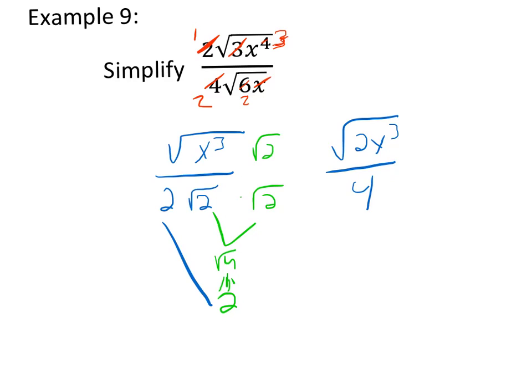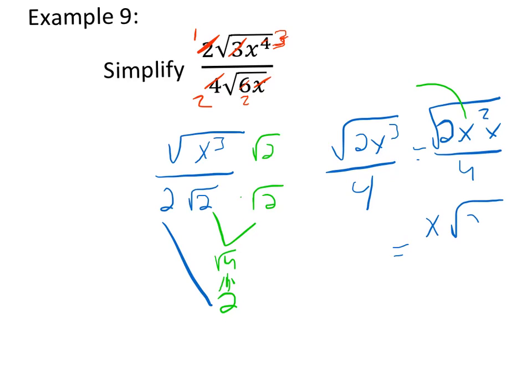Now there's one thing left to do. This is equal to 2x squared x over 4. And we've said before that when you take the root of something squared, it comes out. Alright, so we're going to take care of that. And we're going to get an x on the outside, 2x on the inside, and 4 on the bottom.